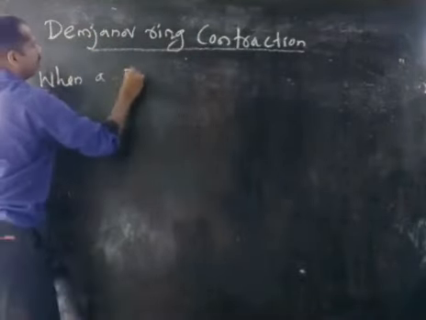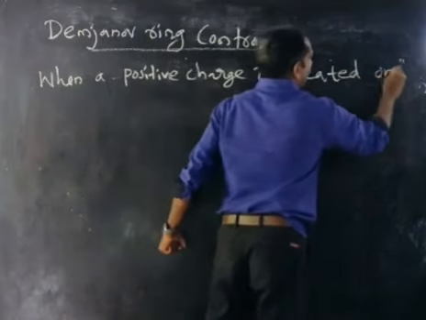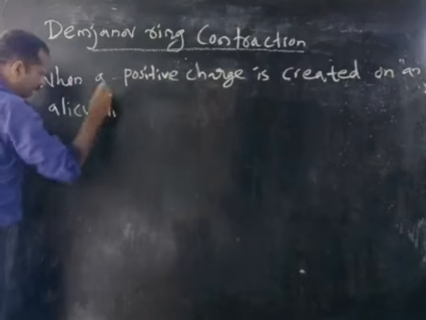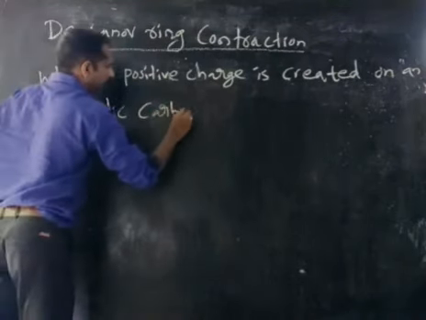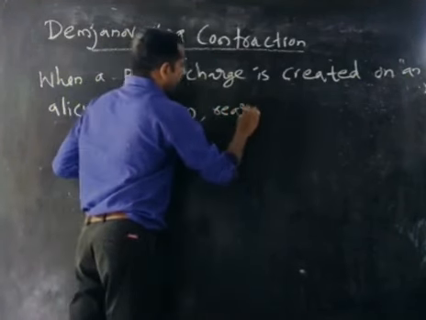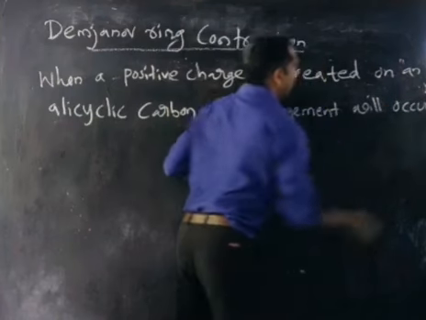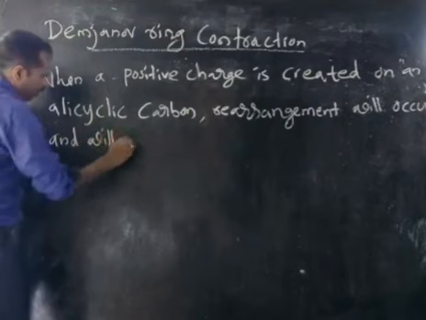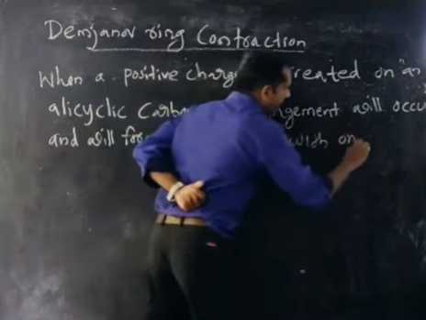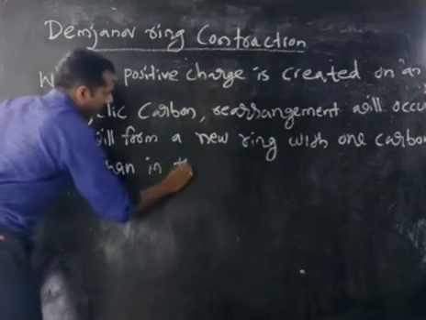When a positive charge is created on an alicyclic carbon, a cyclic carbon, rearrangement will occur and will form a new ring with one carbon less than in the original.